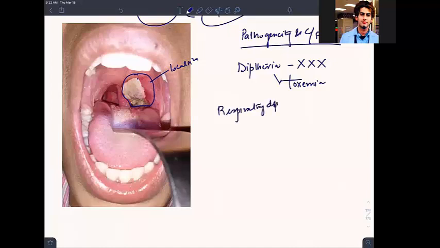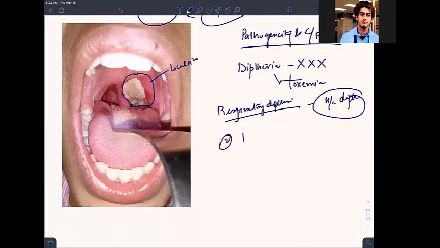Respiratory diphtheria is the most common form of diphtheria. Second thing, human is the only reservoir. It's a human disease.